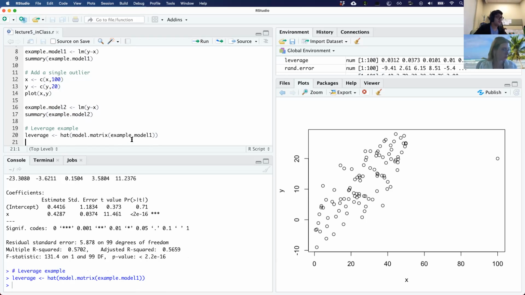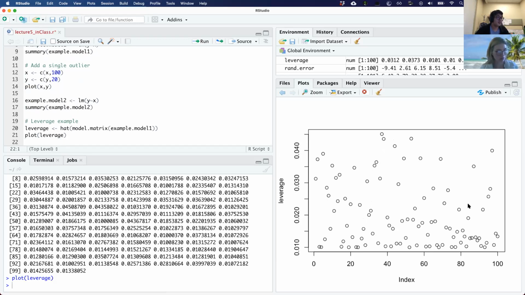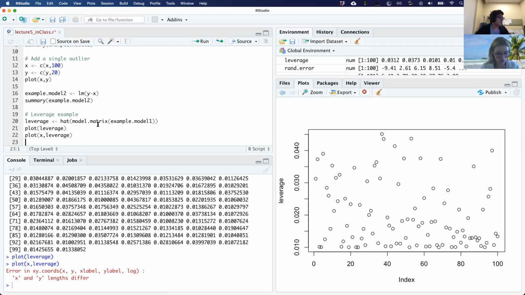So I can run that, and we can go ahead and take a look at what this looks like. So you have a whole bunch of points here. And if I just plot my leverage, it looks something like this. And if I plot x versus the leverage, uh-oh, what's going on here?